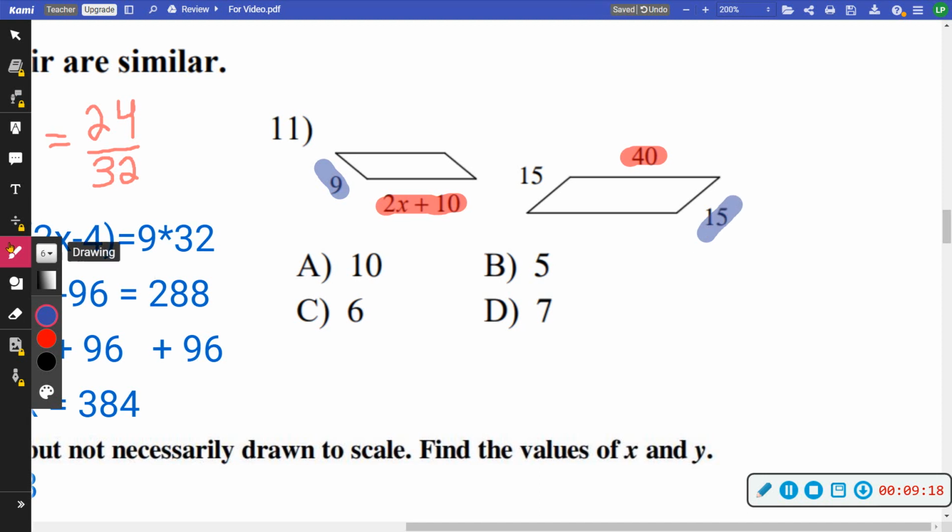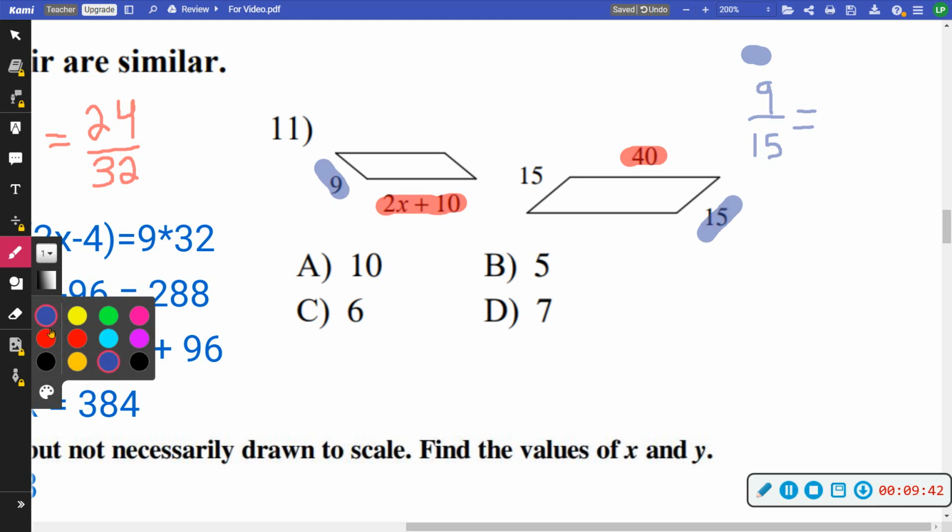So setting that up, I could do 9 over 15 equals, I went left to right, so I'm going to go 2x plus 10 over 40.